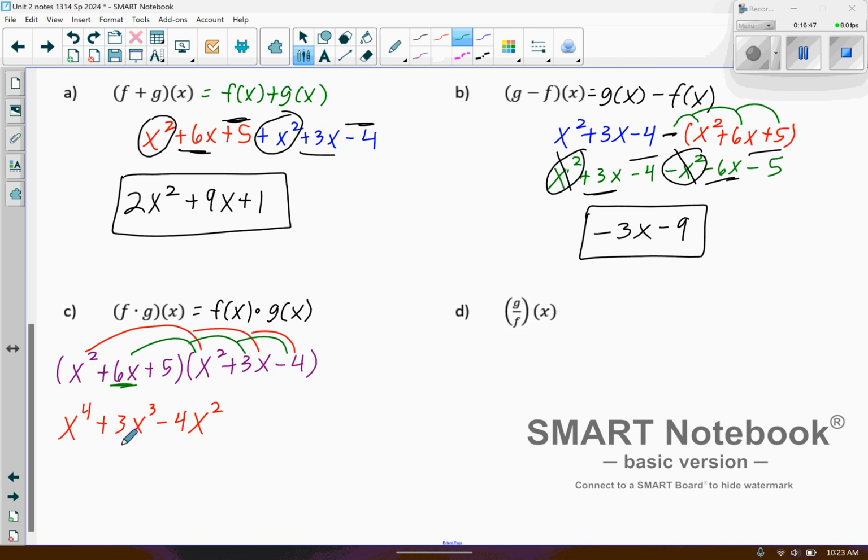So that would give me a positive 6x cubed right here, and we'll combine those in a minute. Then let's see, 6x times a 3x would be 18x squared. So plus 18x squared in this column right here. And then 6x times a minus 4 would be minus 24x. And so I have to start a new column for my x values right here.